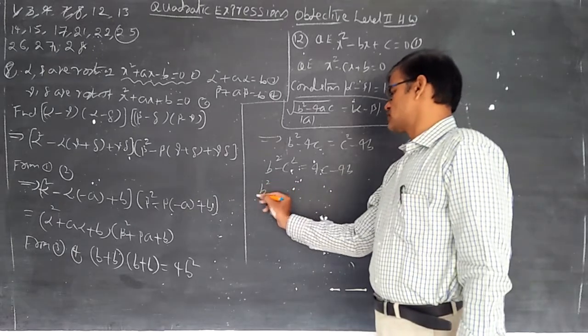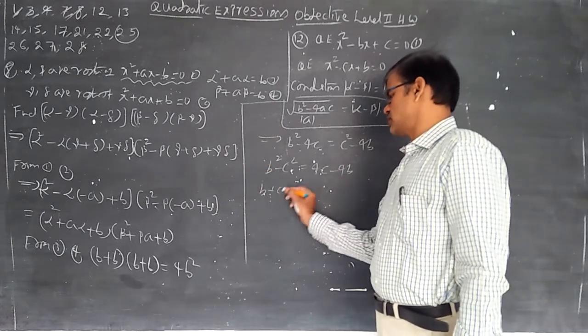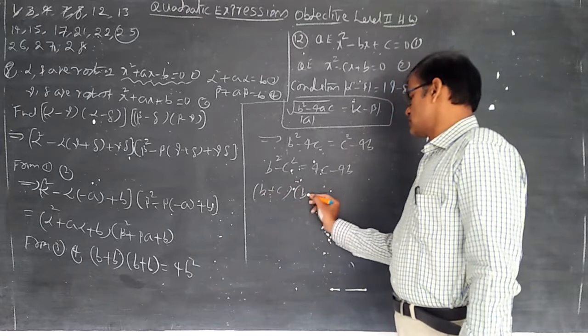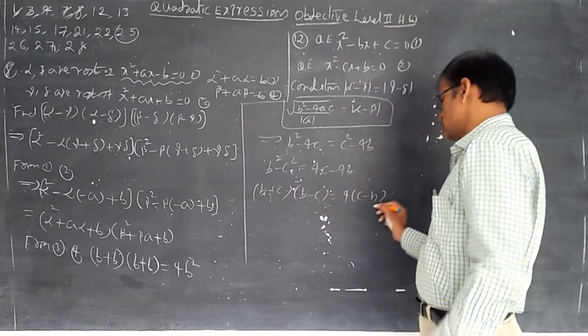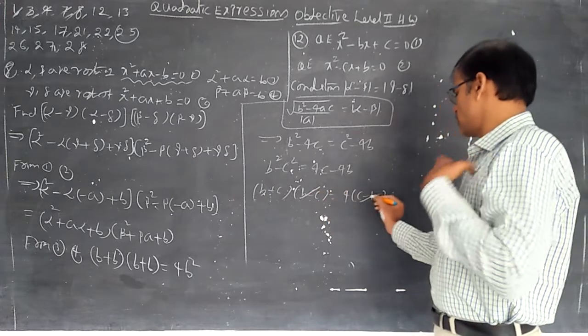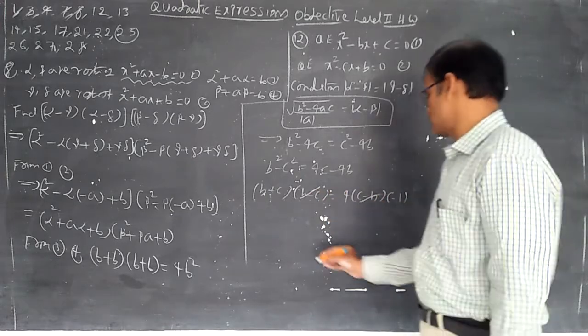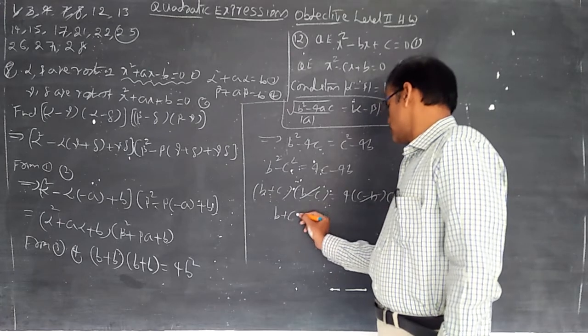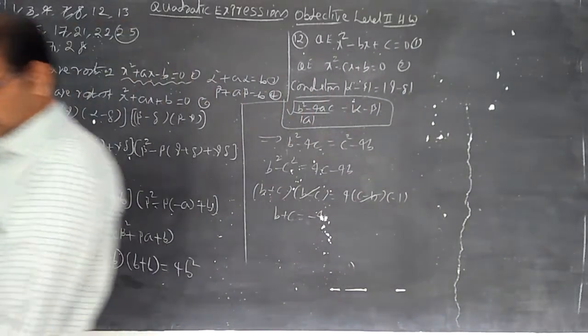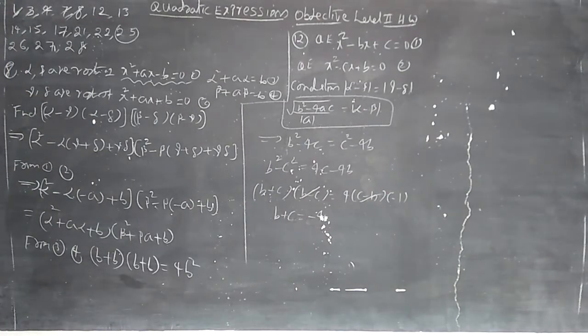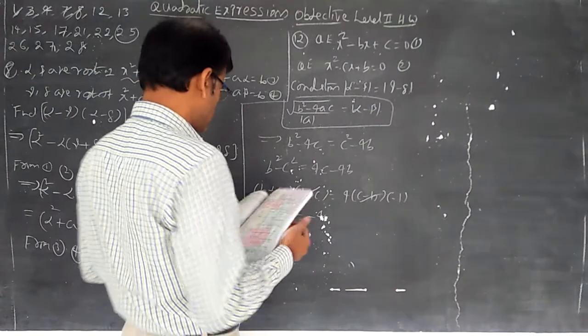So b plus c into b minus c is equal to 4 taken common, c minus b. b minus c will get cancelled, minus 1 times. So b plus c is equal to minus 4. Yes, it is both the options.